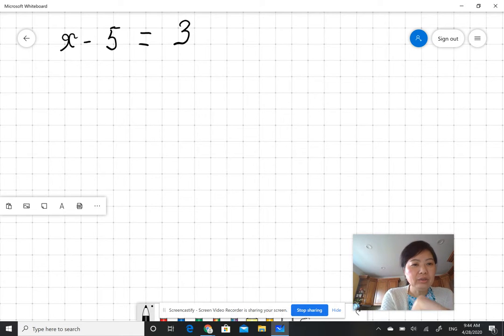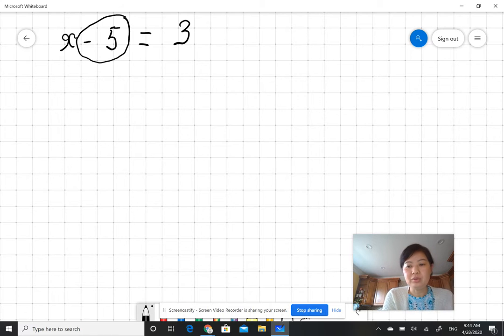So in order to undo the minus 5 here, you need to put in the inverse operation, because the purpose is to isolate x on the left. So in order to undo the negative 5, you have to do the opposite or inverse of minus 5, which is plus 5, right?